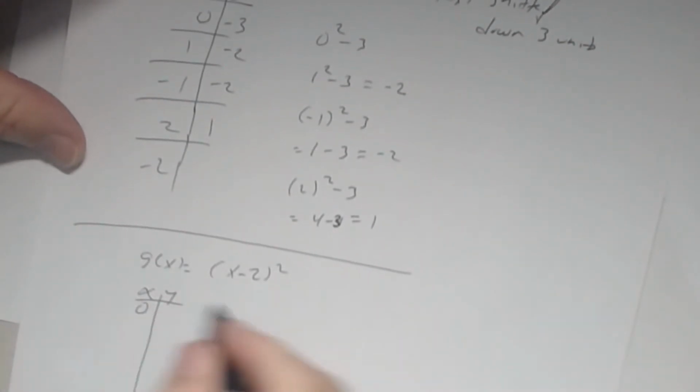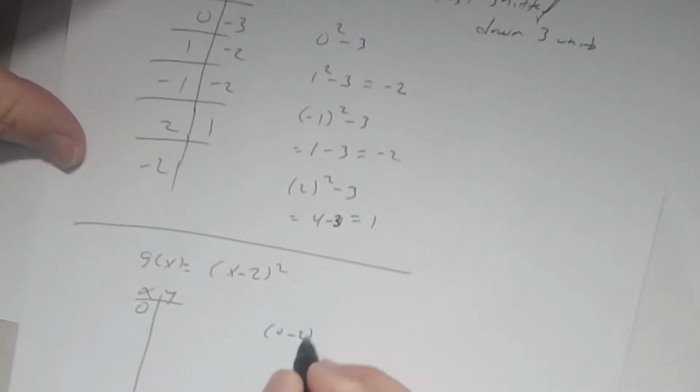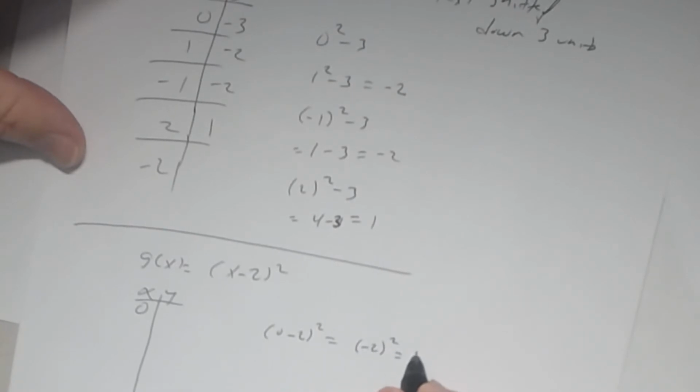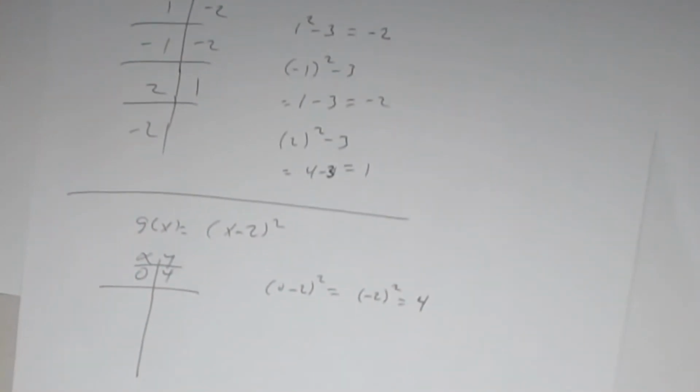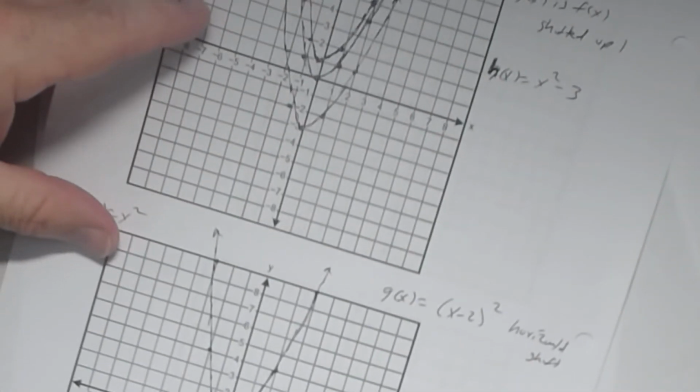If x is 0, I get 0 minus 2 squared, which is what? 4, right? You got 4? I was trying to make sure I still had these done for this one so I could mark the shift. You got 0, 4? Okay, so far I get this point. I want you to notice something. I get 0, 4, right?